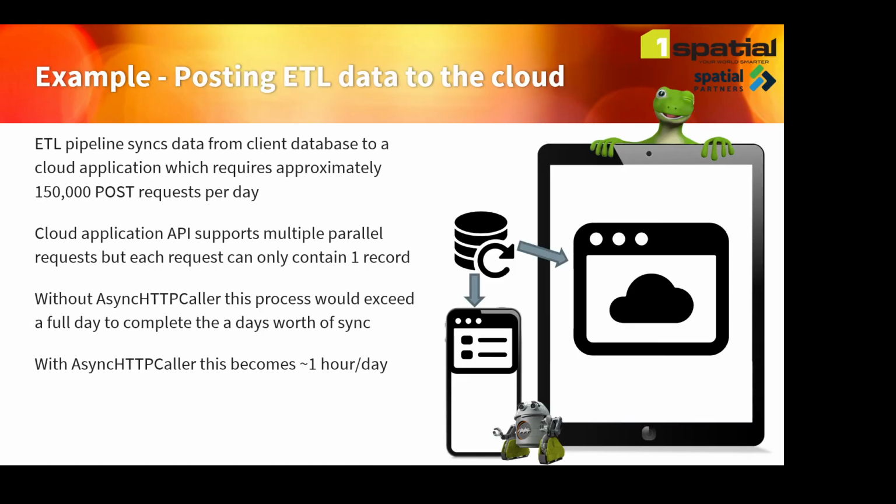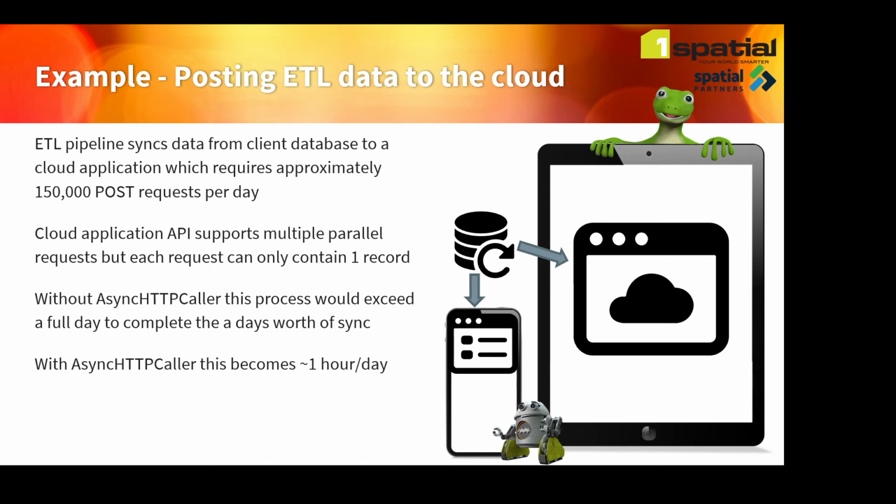Another example where we ended up having to use this was in another ETL pipeline that we did to take data from a fairly complex data model from the client database and post it up to another web application to expose it. Unfortunately, the web application only supported a single feature per POST request.